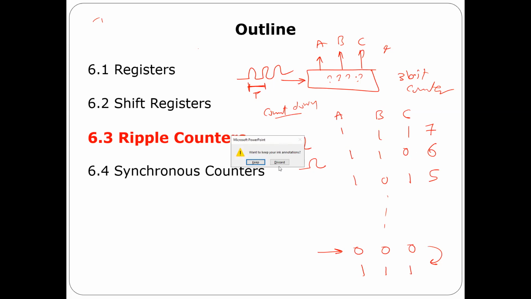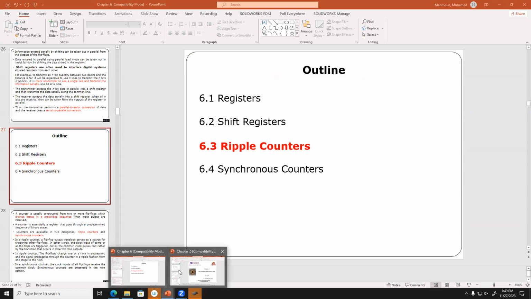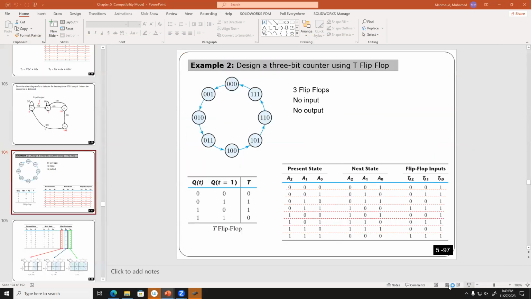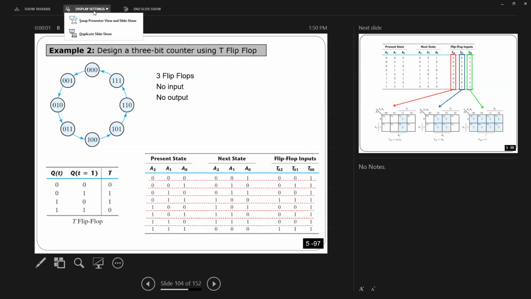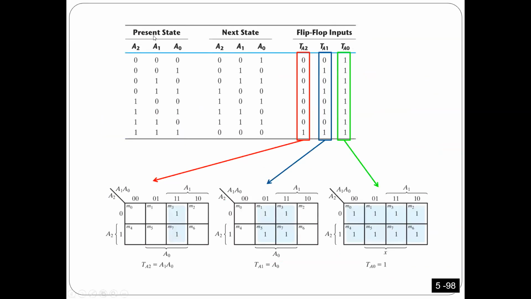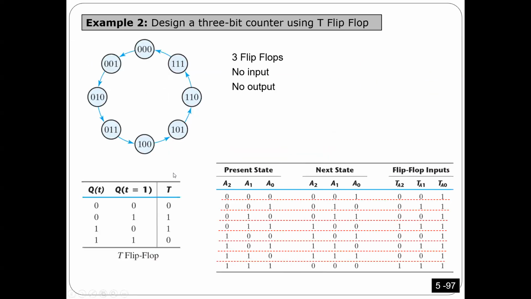I'm going to show you where in chapter 5 we did that. If I come to chapter 5, yeah, we did it here. If you see here, this is a counter. What happens here in every clock? You can see I start from number 0.